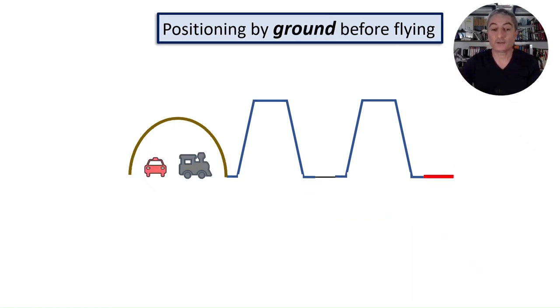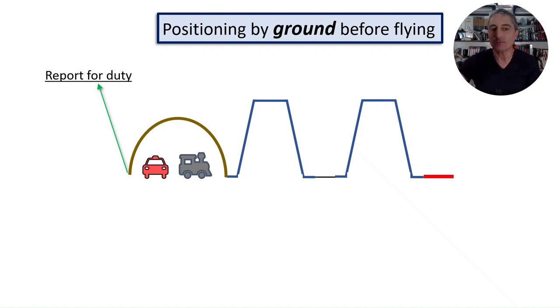If instead we position by ground before a flight, and therefore by train or by car, in this case the report for duty starts at the time of the train leaving or the car picking you up, wherever it picks you. Okay, there is no time before that. It's exactly the time where we start to work.